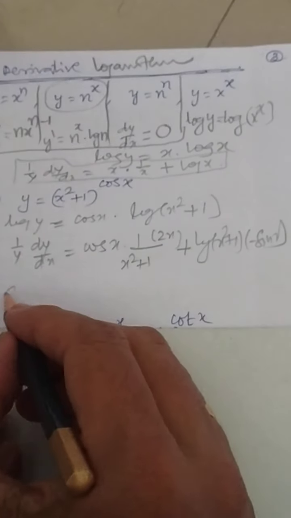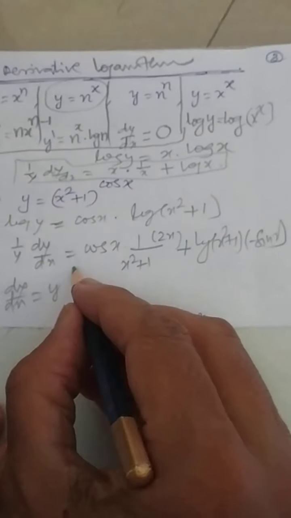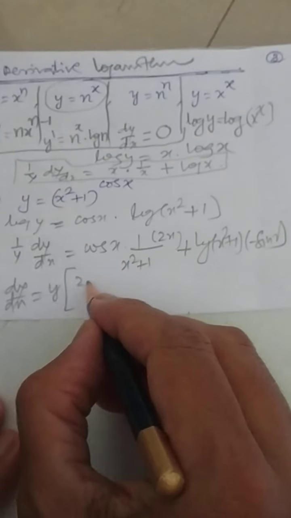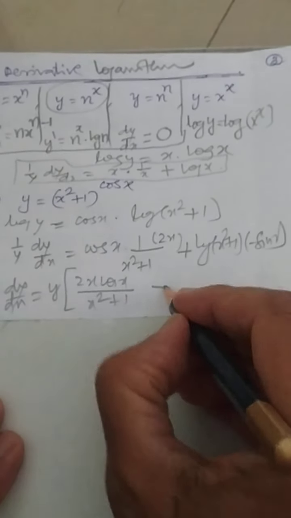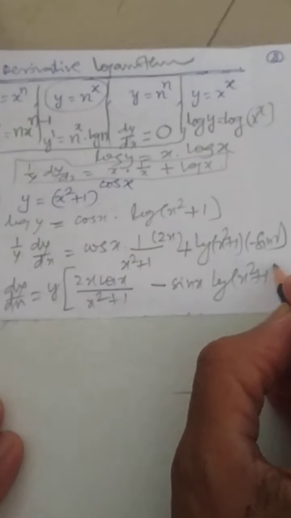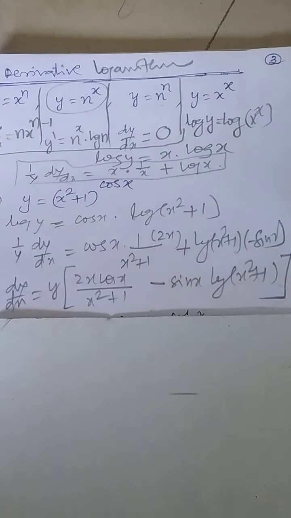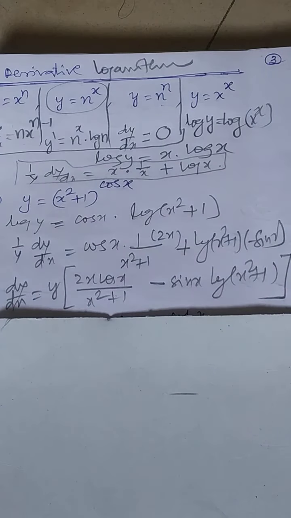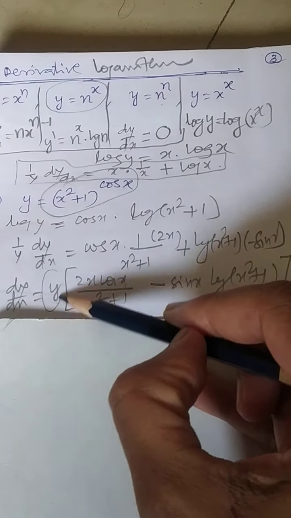This can also be written as dy by dx will be equal to y, which can be transferred over here, into 2x cos x upon x square plus 1 minus sin x into log of x square plus 1. Finally, you replace the value of y. What is the value of y? y will be equal to x square plus 1 raised to power cos x. This value of y you can put over here.